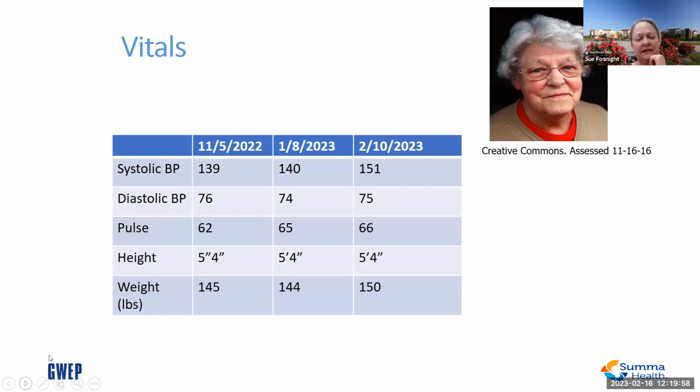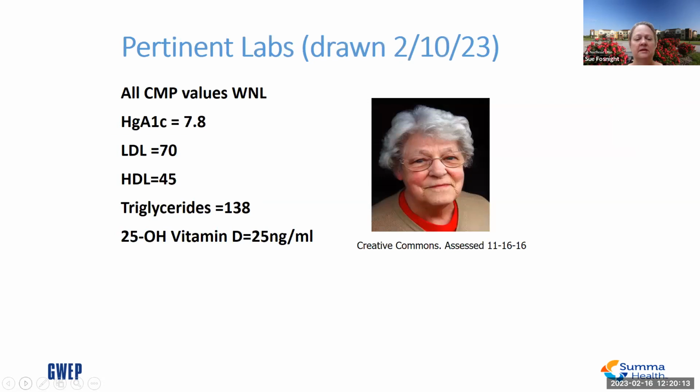Her vitals, and I did update these to make this look more current, show her blood pressure is 151/75. She's had lower blood pressures before. Her lab values are within normal limits, except her hemoglobin A1C is 7.8, which is okay for a patient her age, as long as she's not having symptoms.